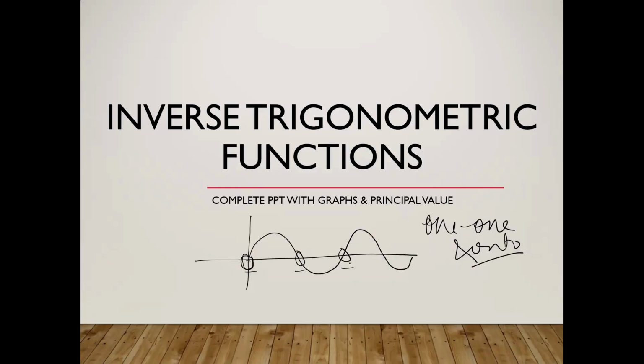So to make it invertible, what do we have to do? We have to restrict the domain of trigonometric functions so that it becomes invertible. I hope I'm clear, right? So we shall now be studying the restrictions on domains and ranges of trigonometric functions, which ensure the existence of their inverse, right?